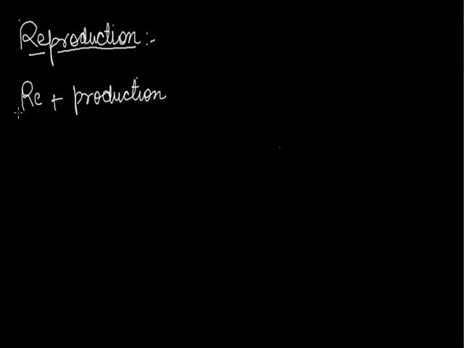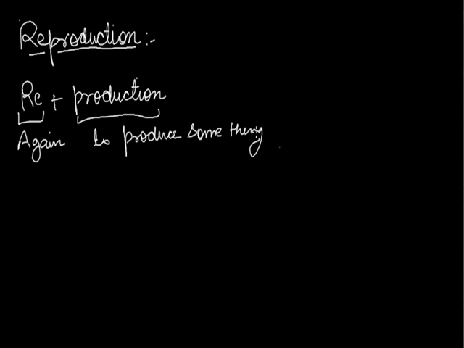As we know, re means again, and production means to produce something. So, by this term, we can say that reproduction is a process by which organisms produce their offspring of their own kind, the same kind as they are exactly.